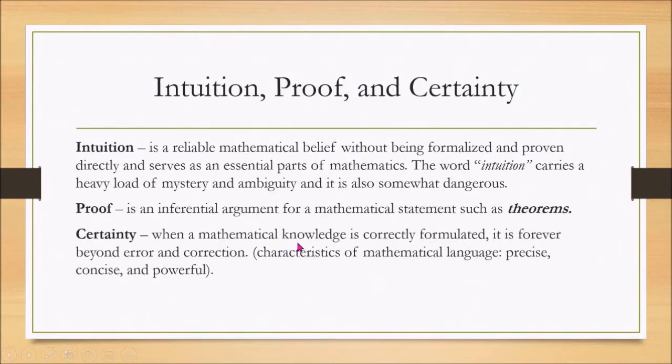Next, let's talk about intuition, proof, and certainty. When you say intuition, it is a reliable mathematical belief without being formalized and proven directly, and it serves as an essential part of mathematics. Actually, this word intuition carries a heavy load of mystery and ambiguity, and it's also somewhat dangerous.